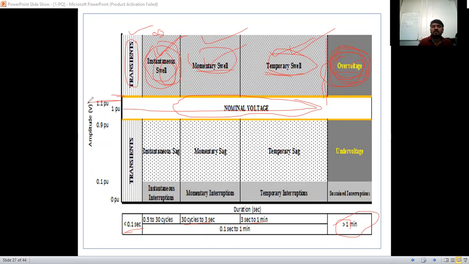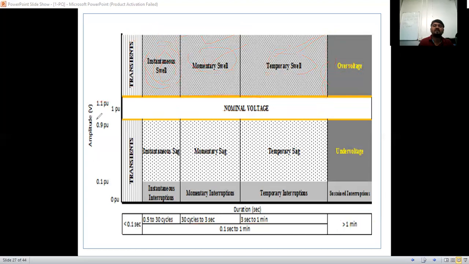These are all the things. Suppose instead of more than 1 per unit, it is less than 1 per unit. If it is less than 1 second, that is called transients. If it is 0.5 to 30 cycles, that is called instantaneous sag. 30 cycles to 3 seconds is momentary sag. 3 seconds to 1 minute is temporary sag.